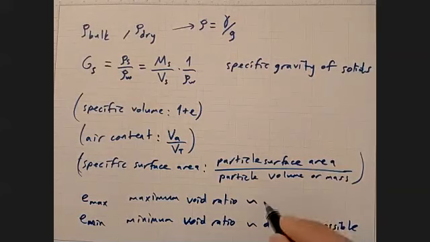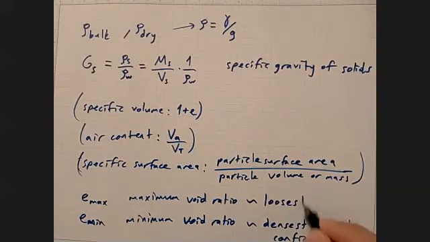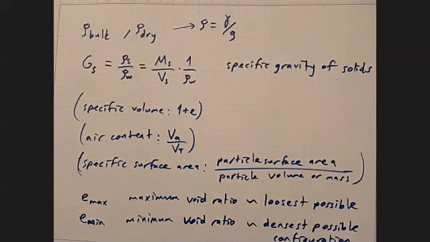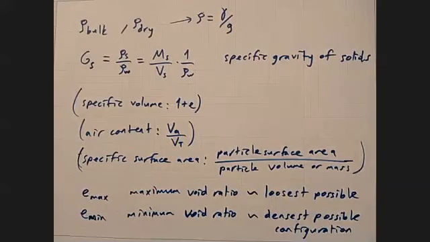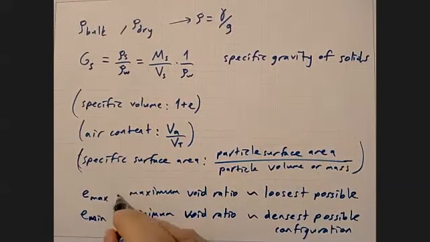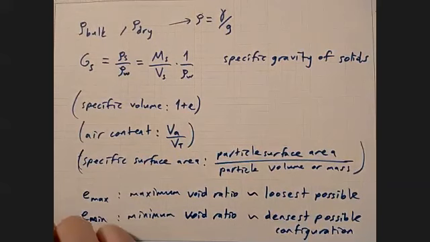And you can stack them on top of each other in a metastable way. And that will be the loosest possible configuration of your soil. These are also going to come up at some point.